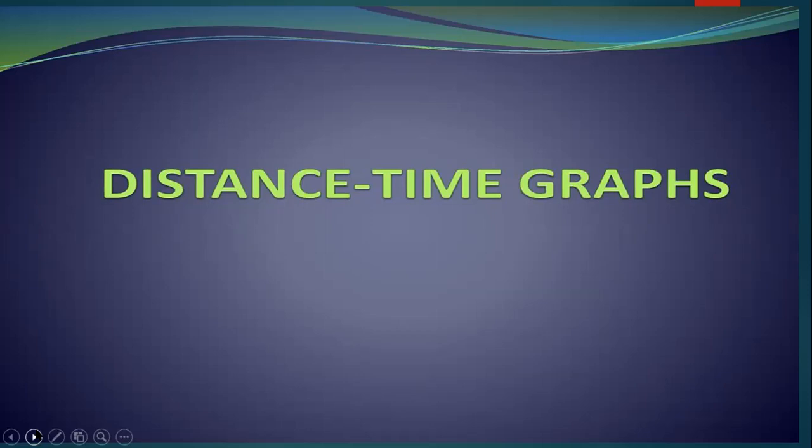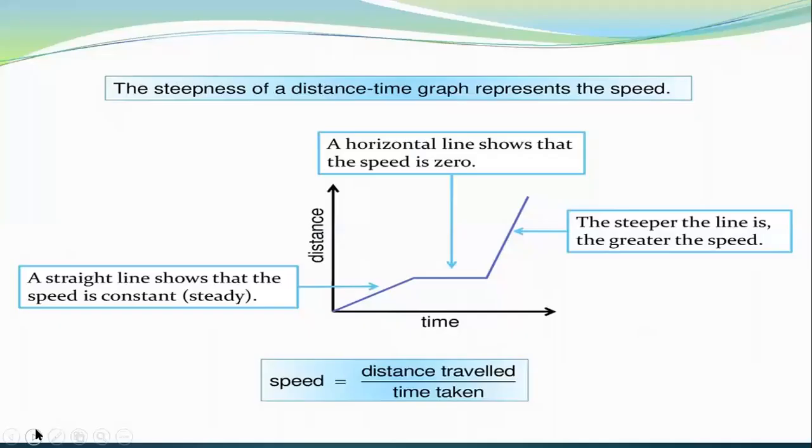So today we are going to look at distance time graphs, which will help us find the speed or the average speed for the whole journey. Before we look at these questions, let's take an example of this diagram that I've prepared for you here.